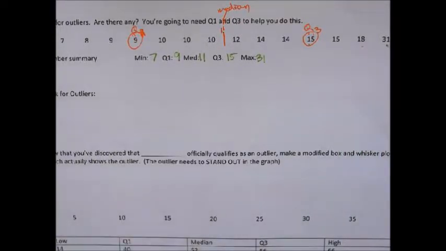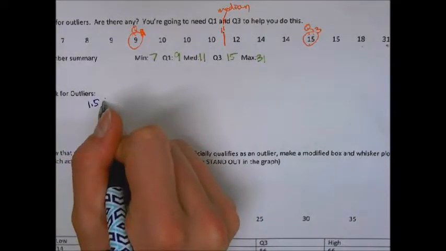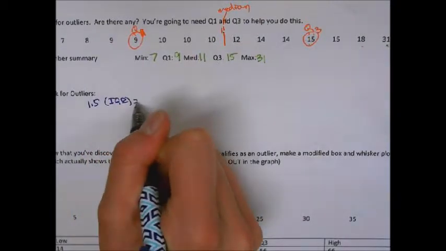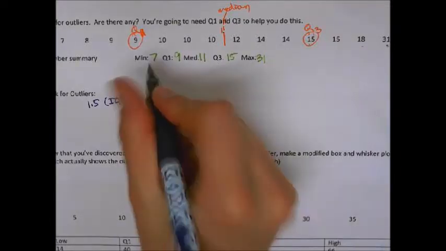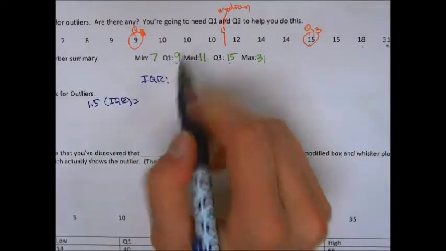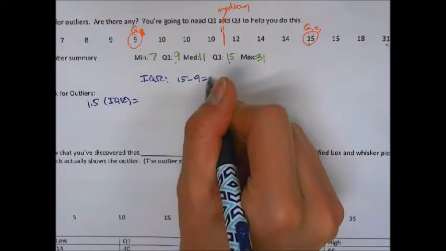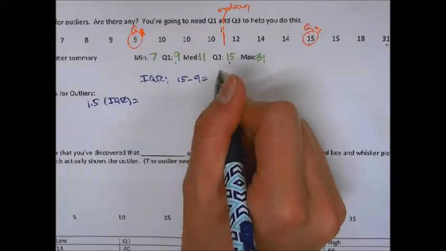And remember, the way we check is we do 1.5 times the IQR. So what's our IQR? 15 minus 9, which is 6.